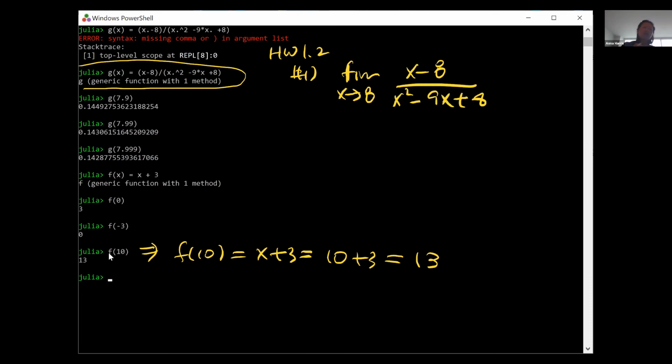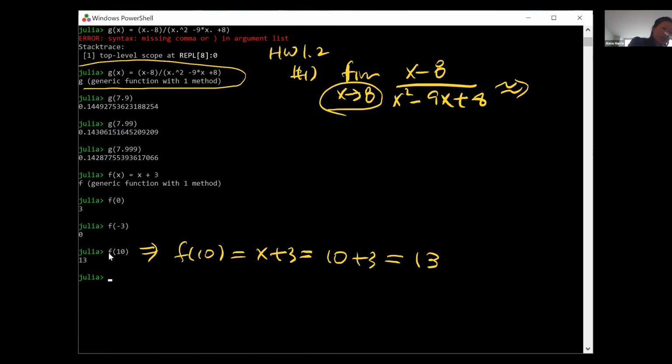What is that equal to? As you know, I cannot plug in 8. If I plug in x equal to 8, you get 0 over 0.